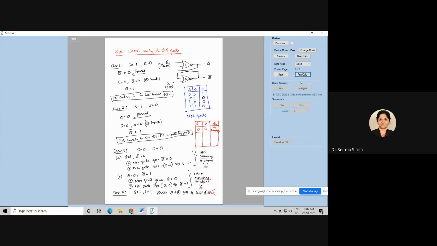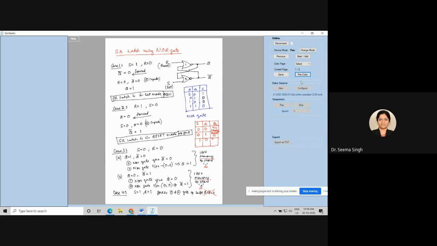When S is 0 and R is 1, it is what state? It is a reset state and your output is 0 in this, right? And what is the third case? Set 1, reset 0.